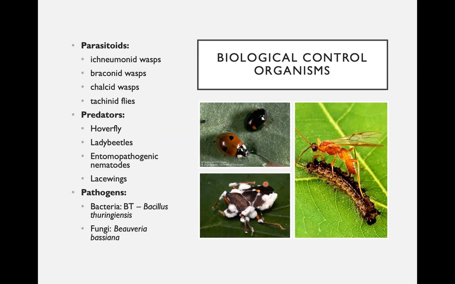It's a natural fungus that secretes products that help control tons of different types of insects, including caterpillars, ants, mealybugs, thrips, even whiteflies. So that's more of a broad spectrum control. So it controls lots of different species of pests.